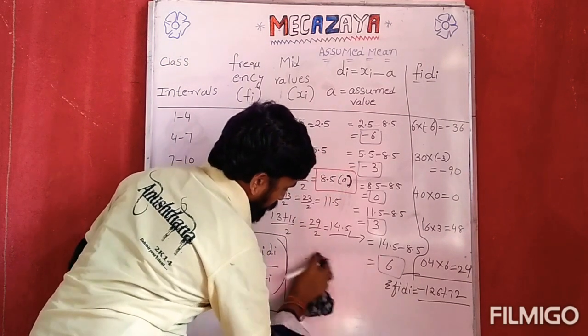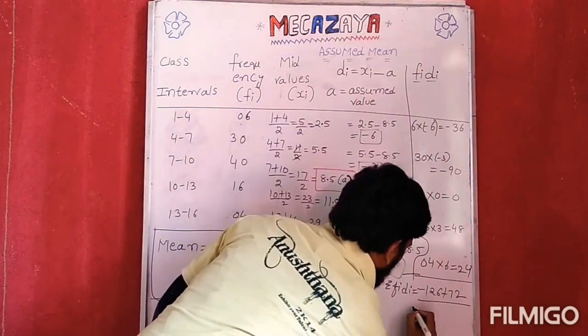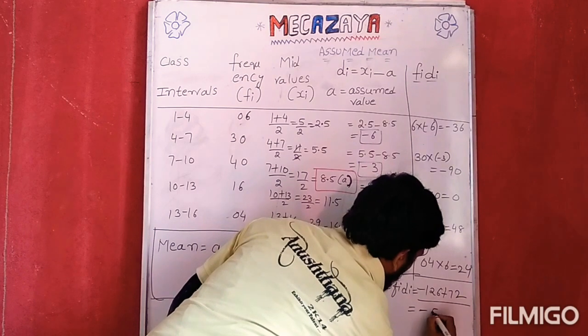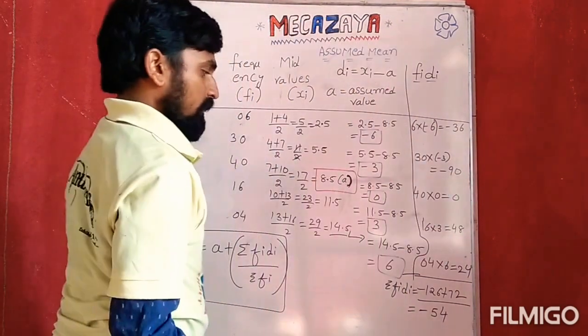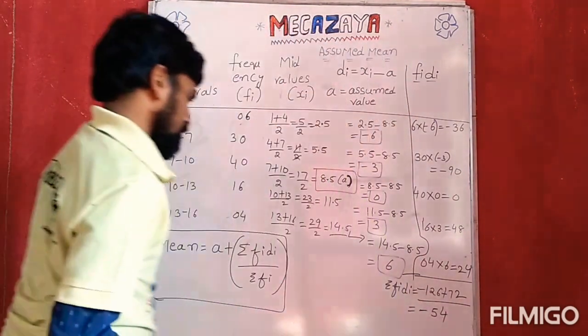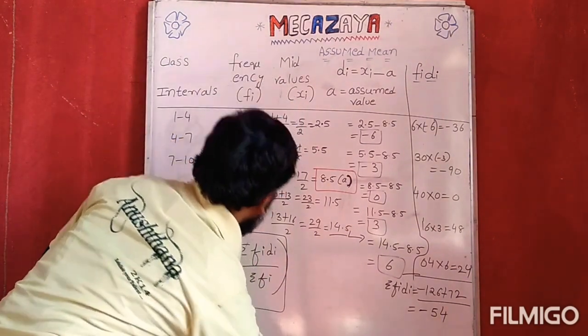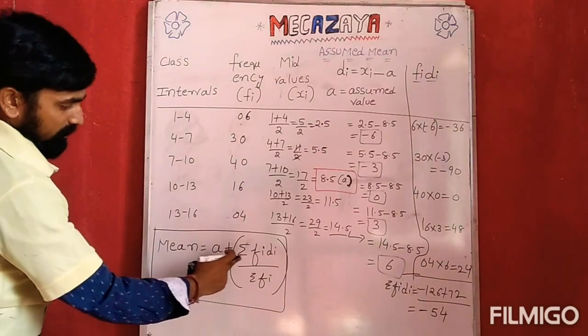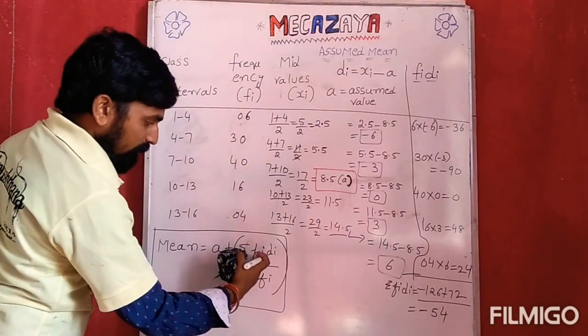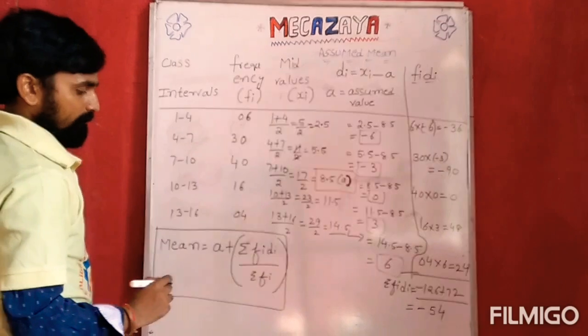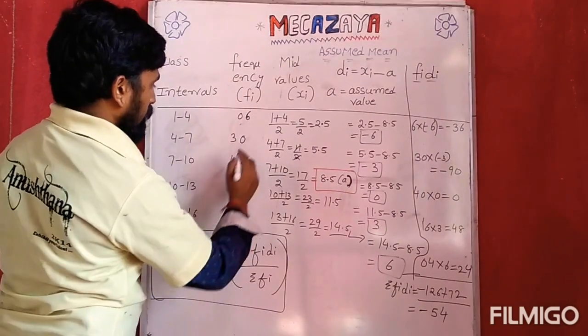So you are getting minus 54. Let's check: 6, 12. Yes. So this is the formula: mean equals A plus sigma fi di by sigma fi.